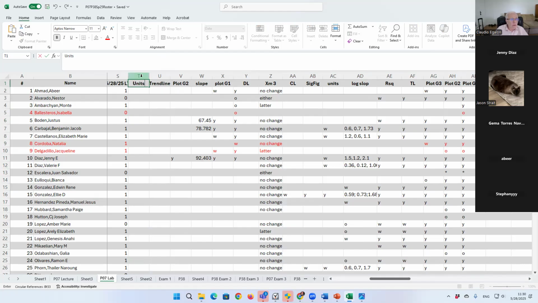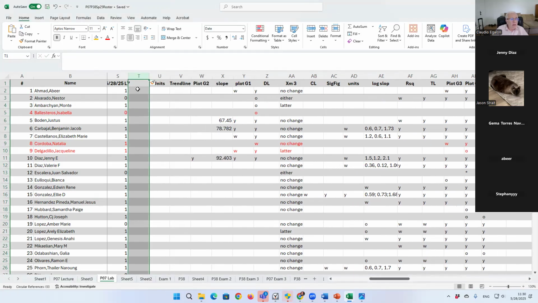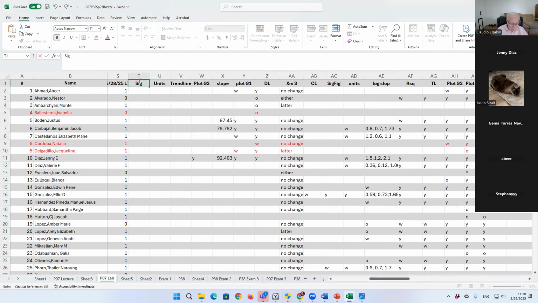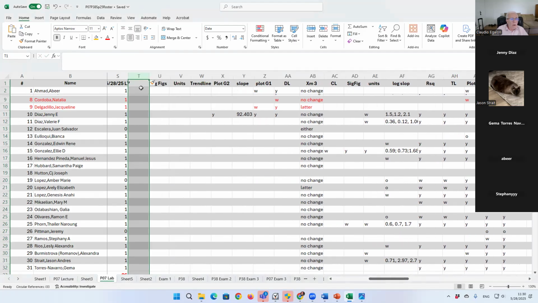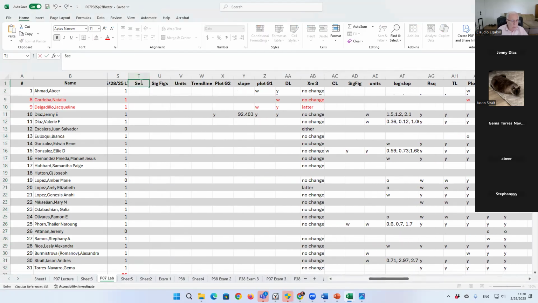Work on the units. Sig figs, and the second table.